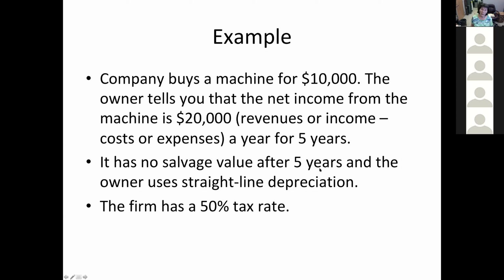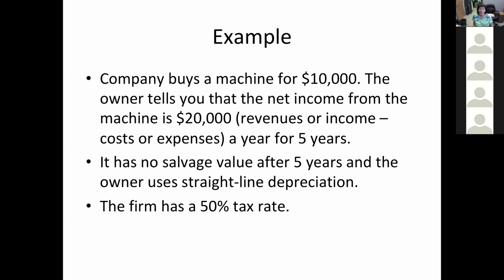So why are we talking about this? Well, you've already spent the $10,000 in year 0. So that shows up as a minus $10,000 in year 0. But what happens is every year that that machine wears out, it reduces your taxes. So you have to figure out what's the impact on net income, because we don't want net income. What do we want?